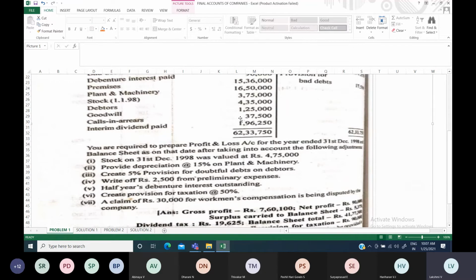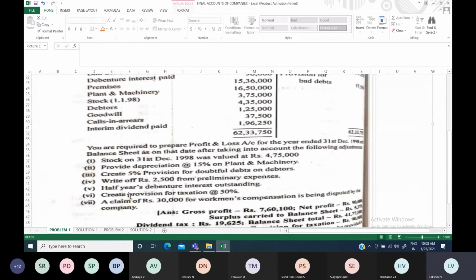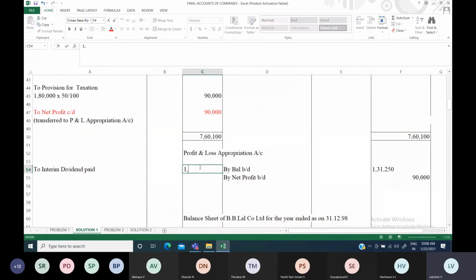So interim dividend paid you have to show here, and for that you have to provide tax at 10%. The 10% means on this 1,96,250, only on this you have to provide 10%. So you can give it here: interim dividend paid. Whatever amount is given, you mention 1,96,250. Okay.